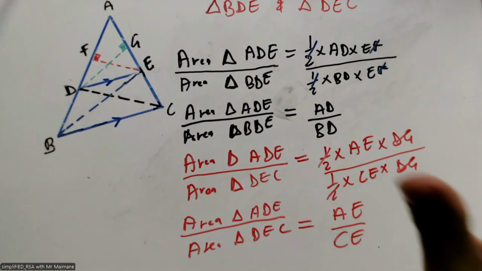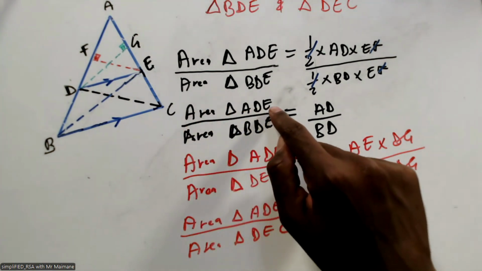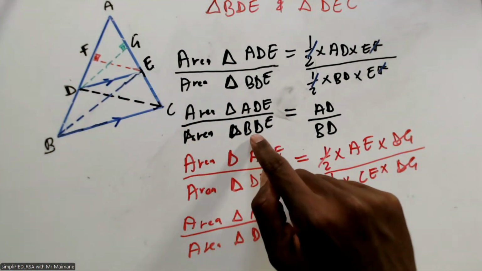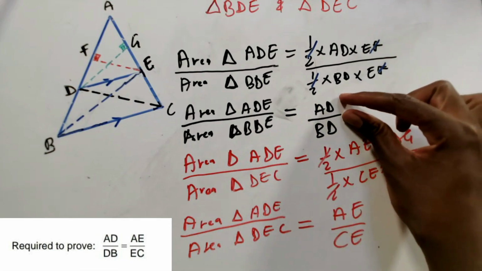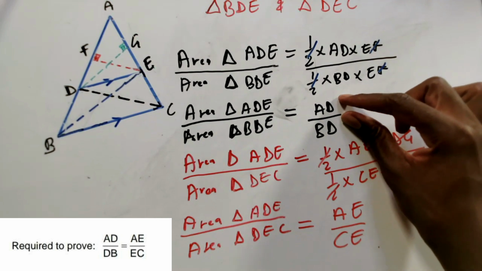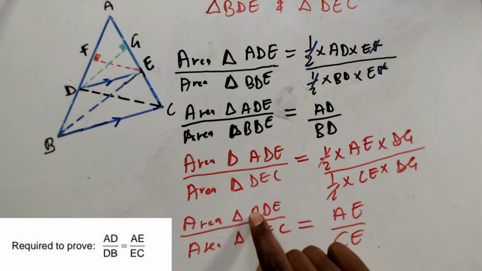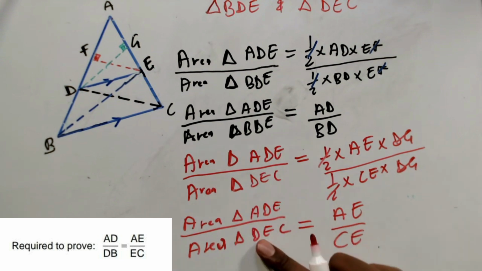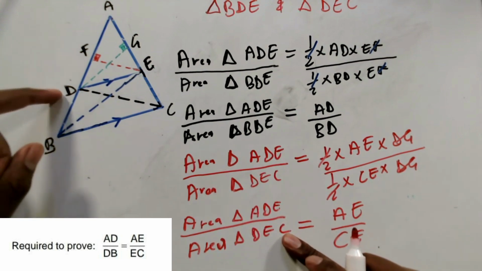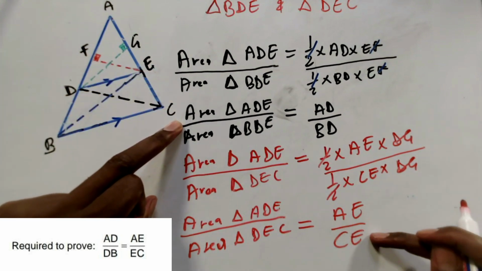So look, in terms of the proportionality, so far I've proved that the area of triangle ADE over the area of triangle BDE is equal to AD over BD. But also check this out: the area of triangle ADE over the area of triangle DEC is equal to AE over CE.